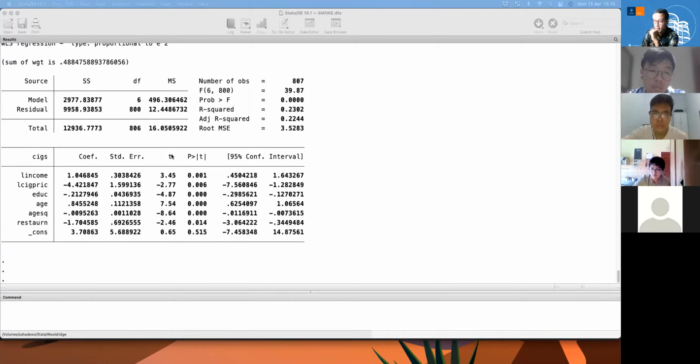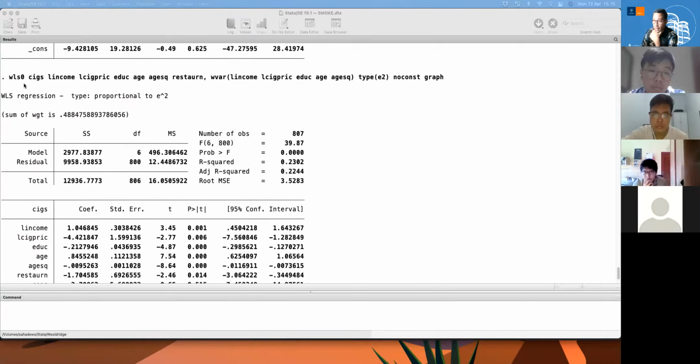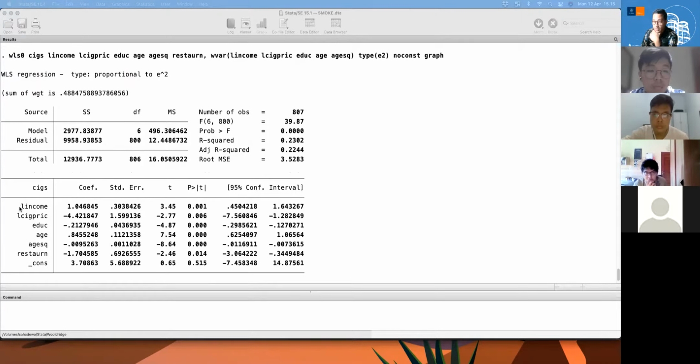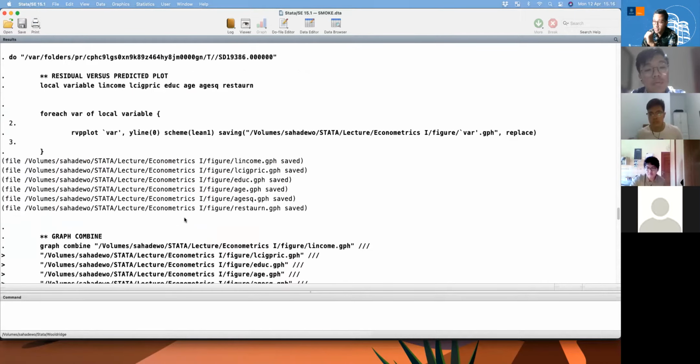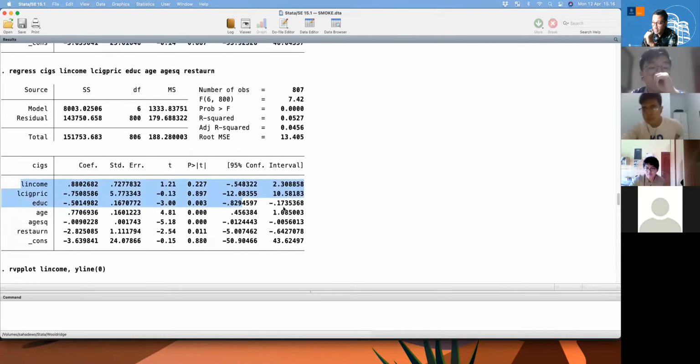Okay, so basically now, given the weighted result, we can see that the estimated coefficient provides you with the estimated effect of these variables. Okay, so I'm going to go back to the initial regression, and from the initial regression, you'll see that log of income and log of cigarette price do not have any significant effect on the amount of cigarettes consumed per day.